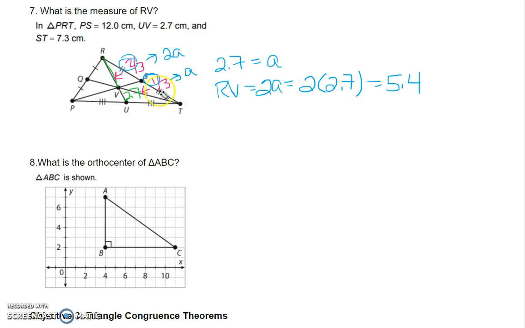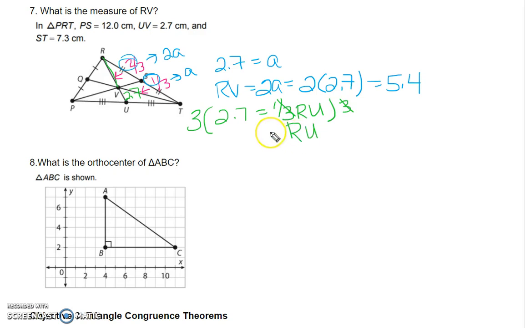That's if you see it from the perspective of part to whole. Now, we could do it algebraically, just like we did in our example in class, because I know 2.7 is 1/3 of RU, the entire length. And just like we did in our example in class, I would have to multiply both sides by 3 to eliminate the 1/3.